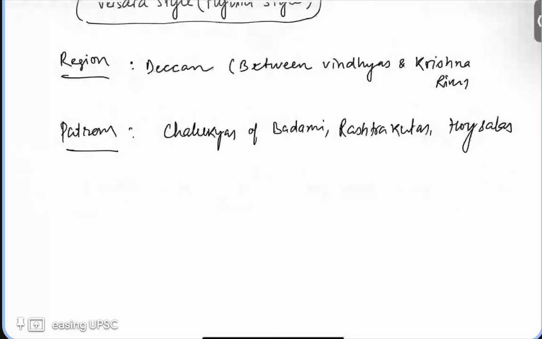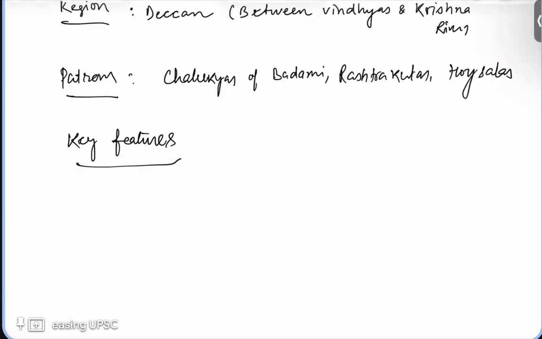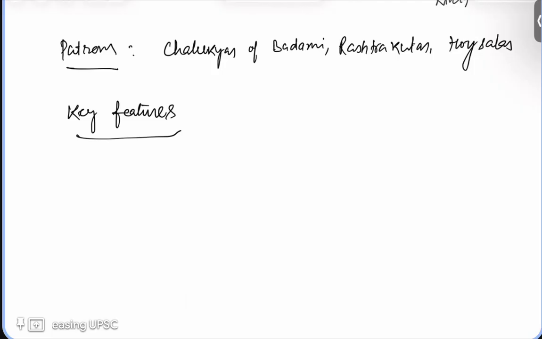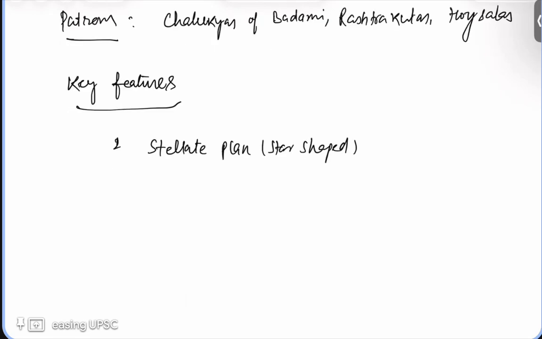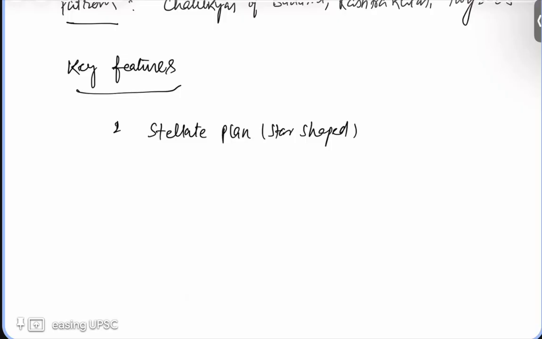Let's talk about key features. The tower often looks like a Nagra Shikhar but is structured with the tiers of a Dravid Vimana. Then next is star shaped plan, stellate plan, a unique innovation of the Hoysalas.